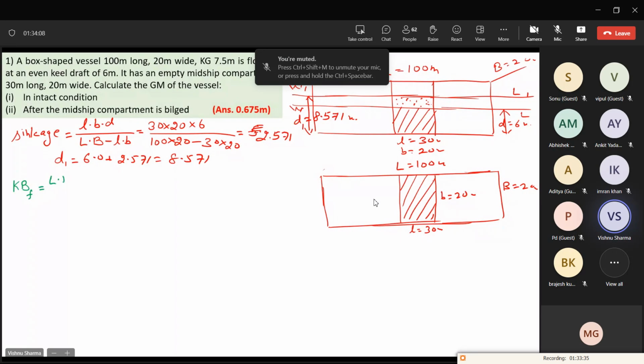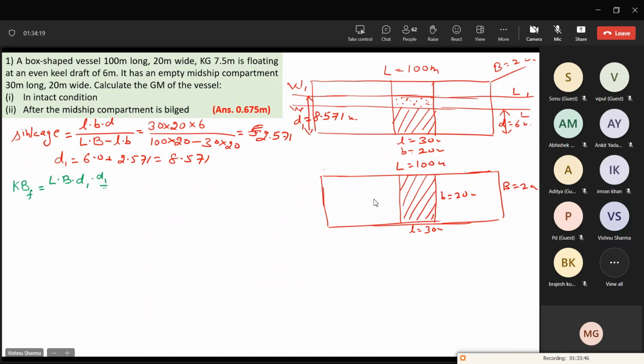That is LBD1. I look at the lever for this one and multiply with the lever, D1 by 2. This is the vertical moment of the underwater volume up to W1L1.